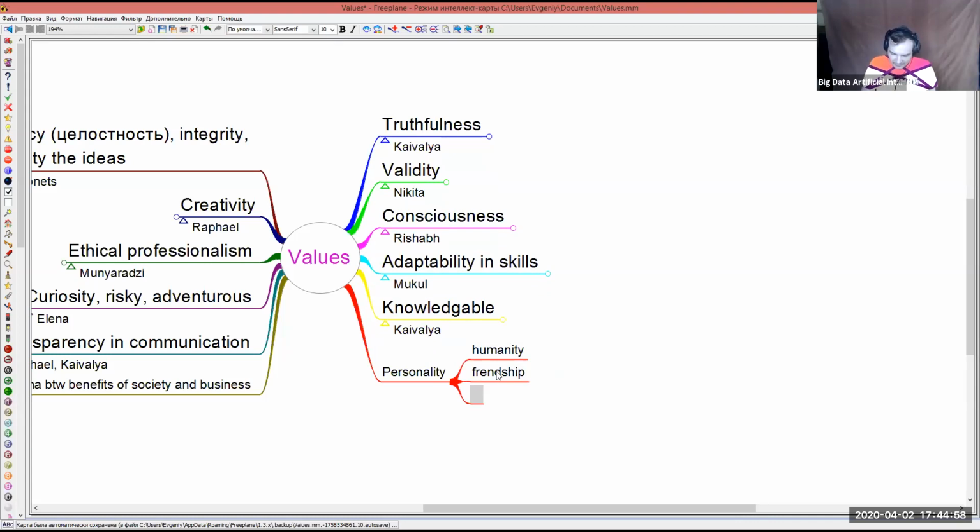And let me propose this, family. Maybe it's not about professional activity, but to think in the range of family, in the range of friendship and humanity, and to keep on it.